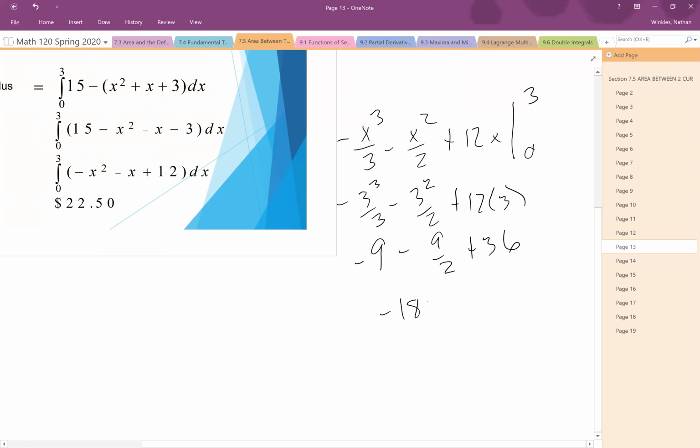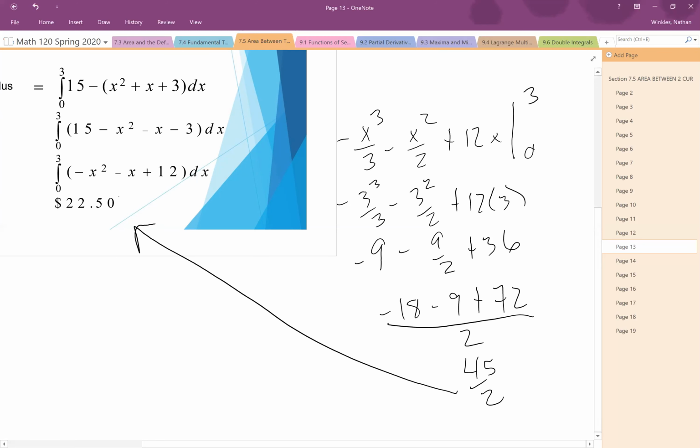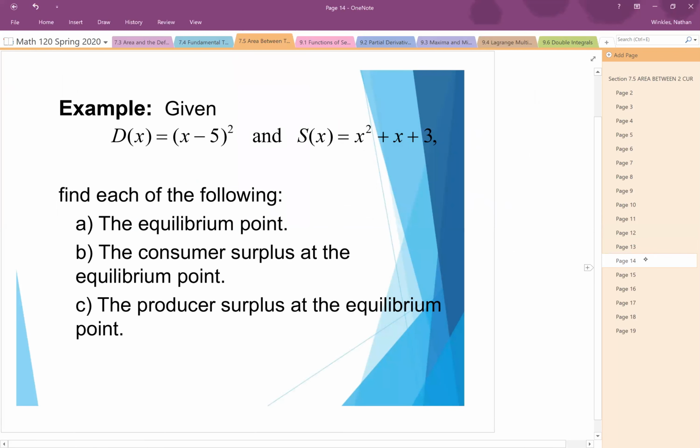So it should have been minus 18 minus 9 plus 72 all over 2. So we should have ended up with 45 over 2. And then when we divide that out, we get 22.5.